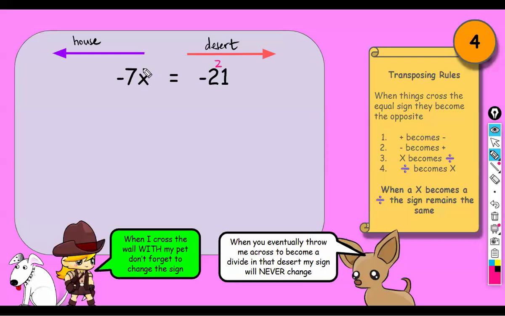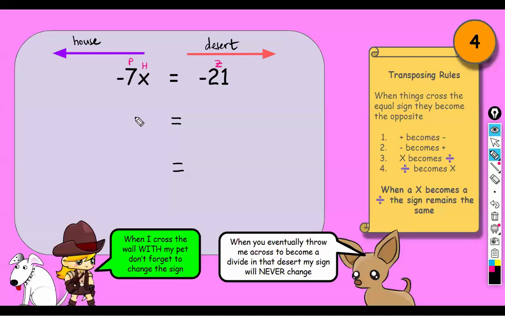This here is the human, the X is the human, and the P is the pet. The one zombie in the question is in the desert, and the pet and the human are already on the house side in safety. So the only thing you really have to do in this question is separate the pet from the human.